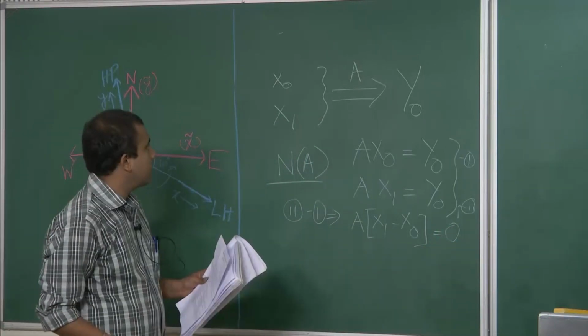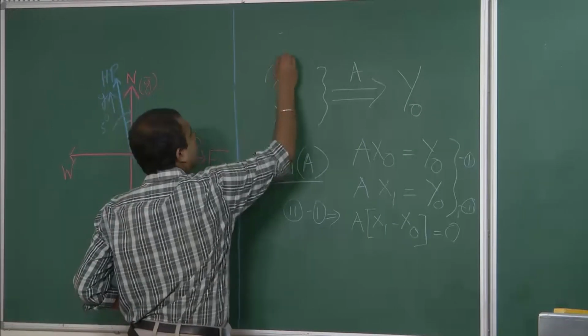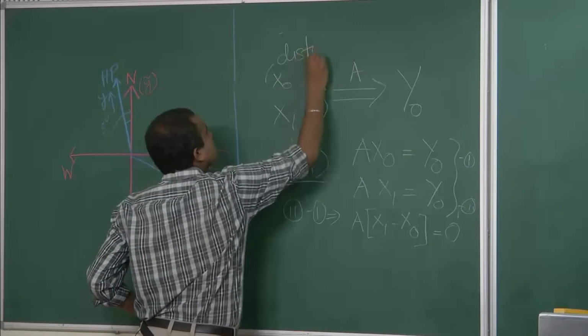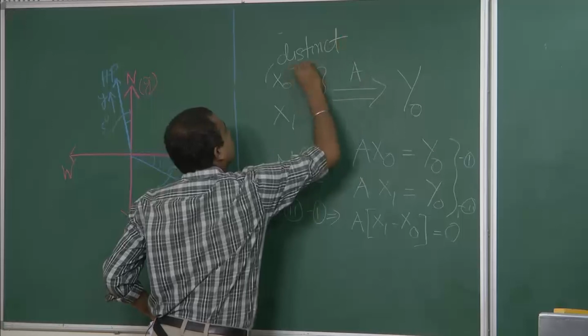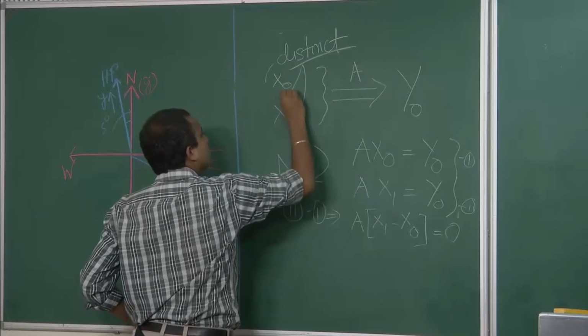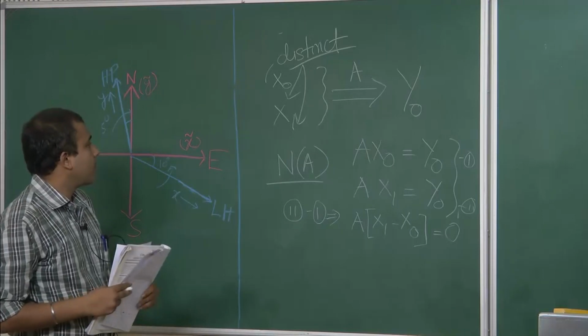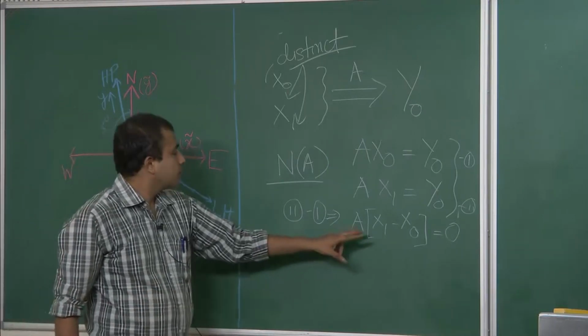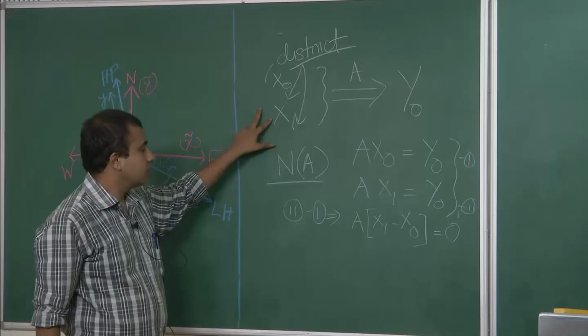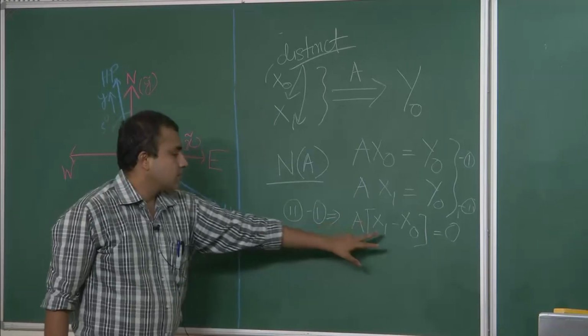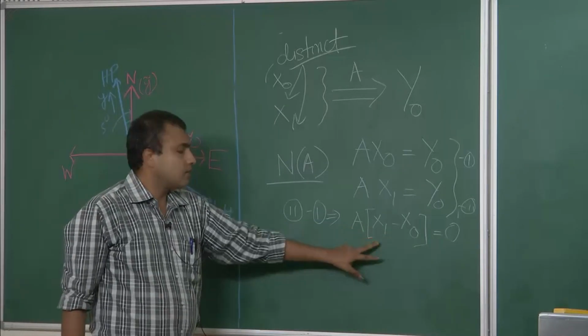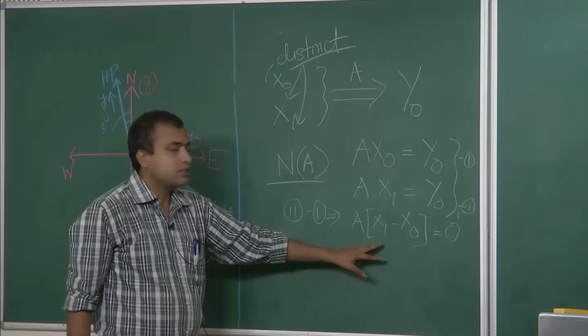So now comes the point of being distinct. Here is the point of being distinct. If they were not distinct, then this was 0, and that we do not consider for null space, because that is a trivial solution.